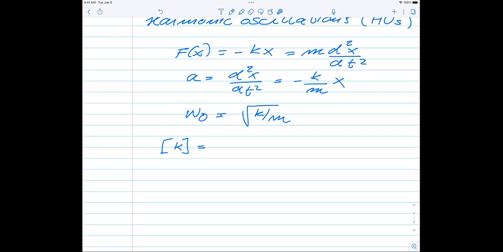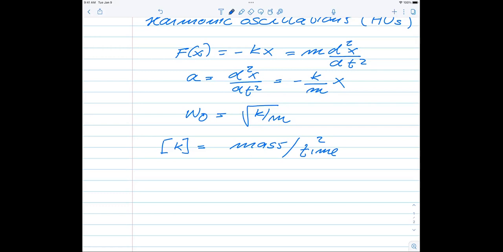That means that since we already had length here, this parameter k is equal to mass divided by time squared. That's the dimensionality of this variable k, because we have k times x, and we know that the force is equal to mass times length divided by time squared. That's the dimensionality of force. And we know that acceleration has dimensionality length divided by time squared.